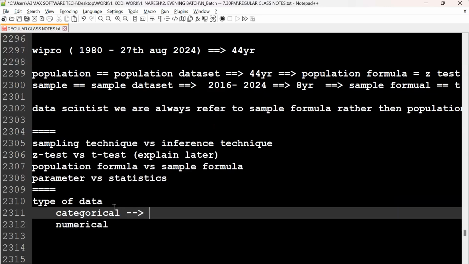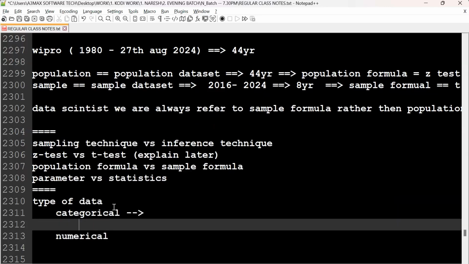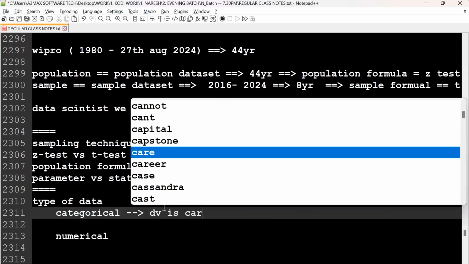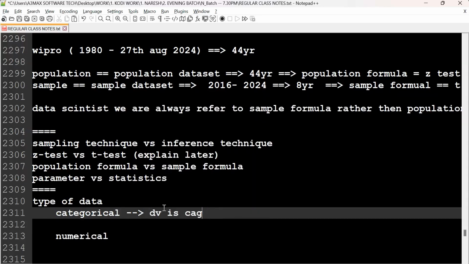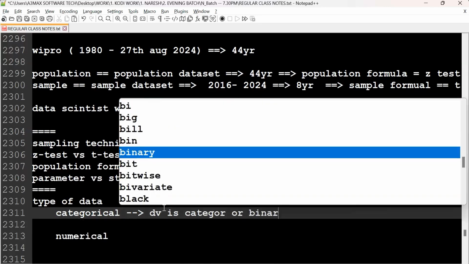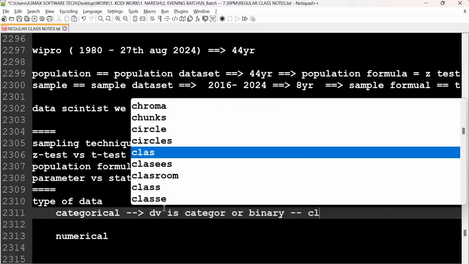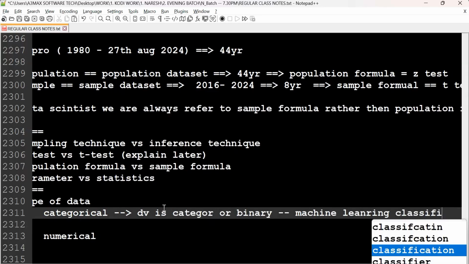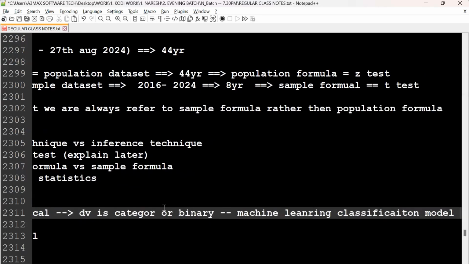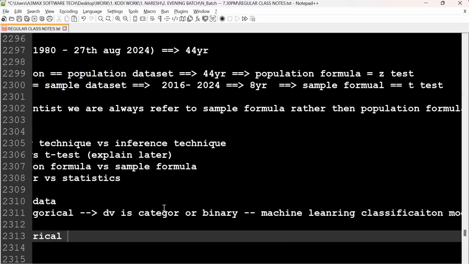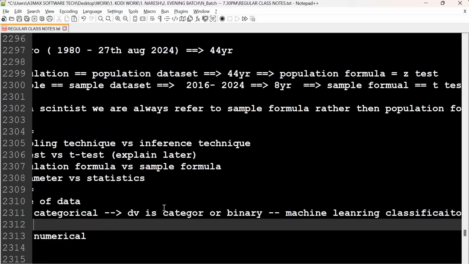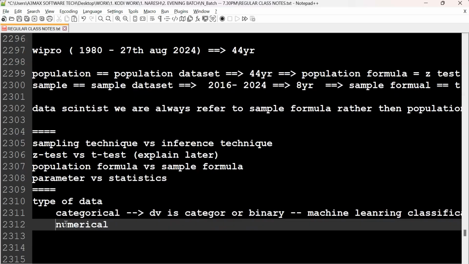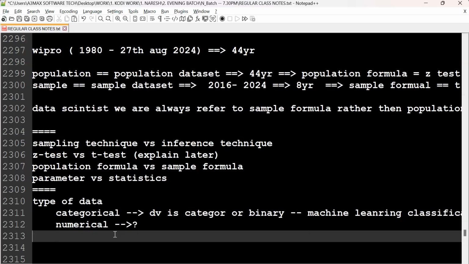If the dependent variable is categorical or binary, it comes under the machine learning classification model. Okay, next one. Just go ahead to numerical. How many types is numerical divided into?